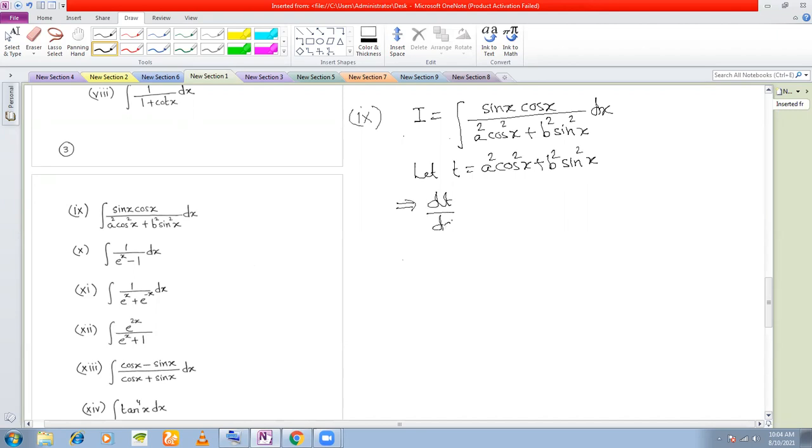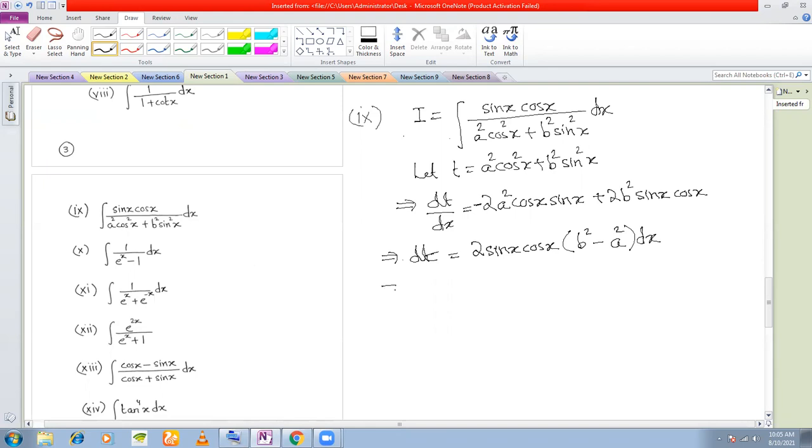To differentiate here, you get dt dx is equal to 2a square cos x, and d/dx of cos x is minus sin x, so you get a minus sign here, plus 2b square sin x cos x. Right? So what you get here is dt is equal to, you can take 2 common and 2 sin x cos x common, so you get b square minus a square dx.